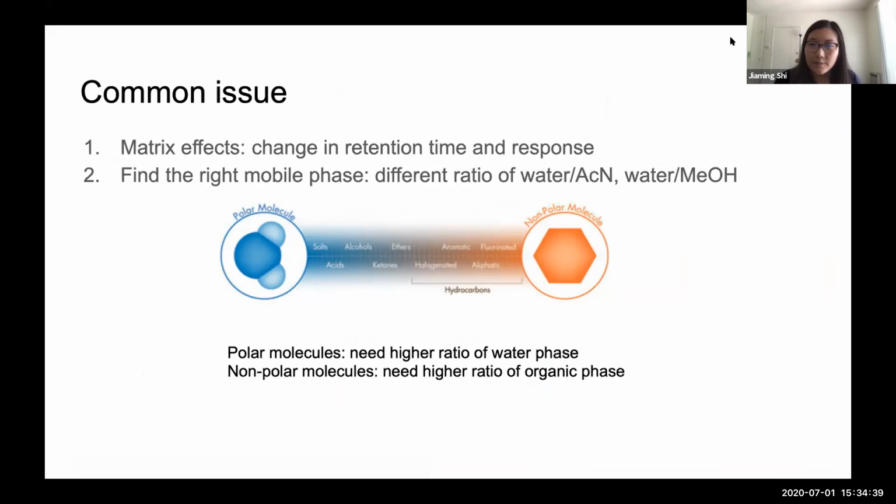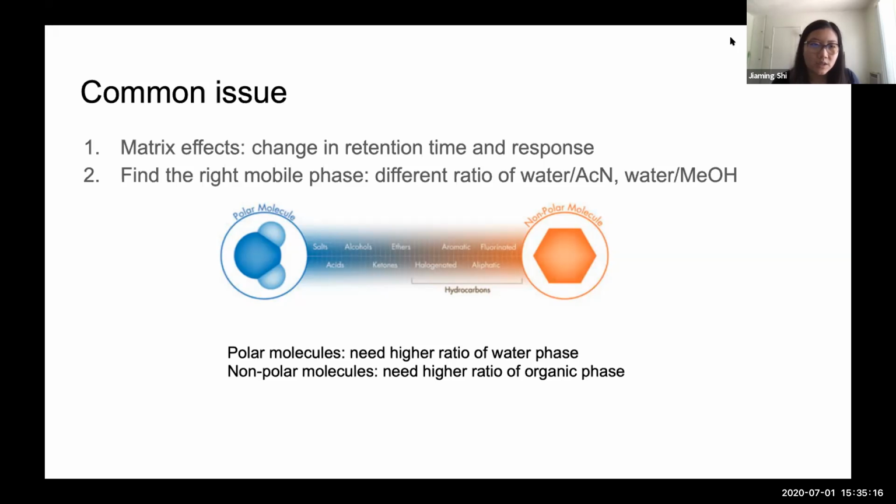That means if you're using it for real life samples in a dirty matrix, such as wastewater or human blood, you're going to see a little change in retention time and response compared to your analytical standard that is just dissolved in DI water, because there are other compounds present in your real samples, like salts. Sometimes that will change the response in a certain way. So occasionally it's not very stable, but most of the time it's fine.